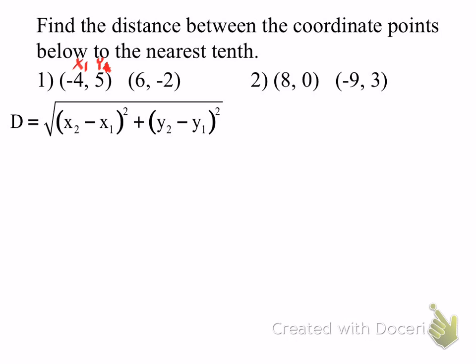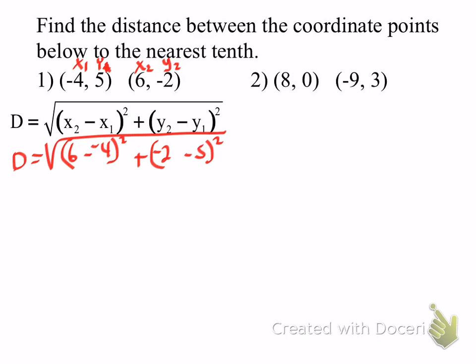x1, y1. x2, y2. So I'm doing 6 minus negative 4 squared plus negative 2 minus 5 squared. 6 minus negative 4 is 10 squared. Hold on.